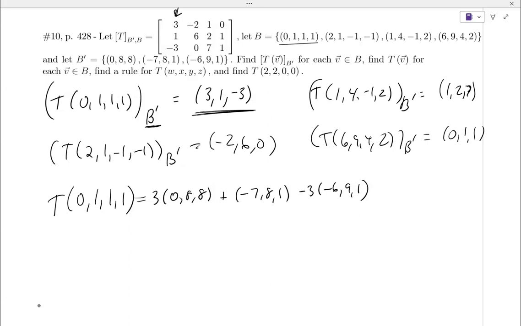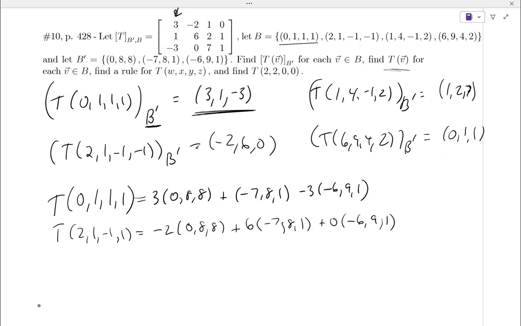And then to figure out the transformation for each one, you just plug each of those in, right? So your transformation of (2, 1, -1, 1) would then be what? You use negative 2 times 0.88, 6 times negative 781, lost track of where I was, and then 0 times negative 691.